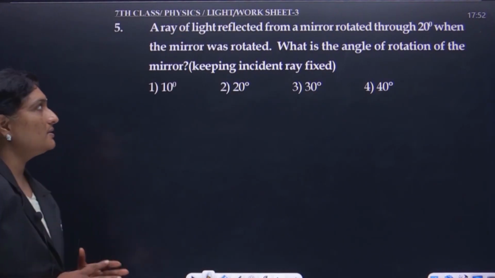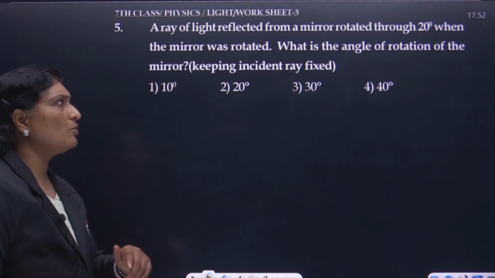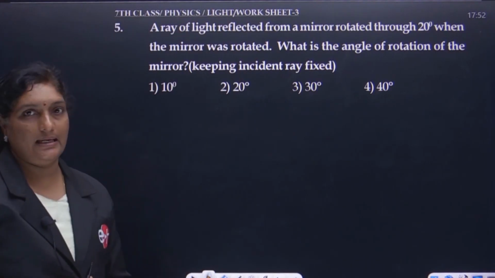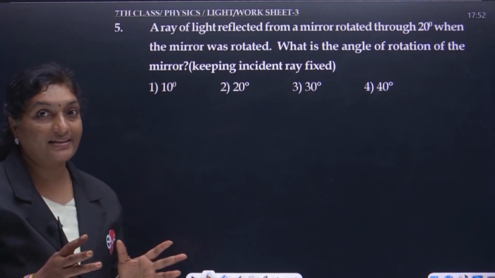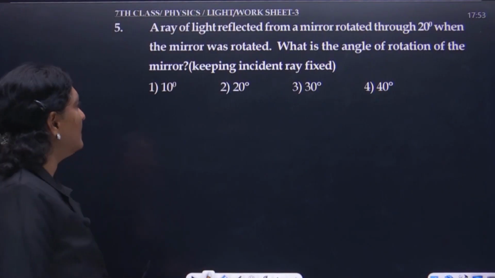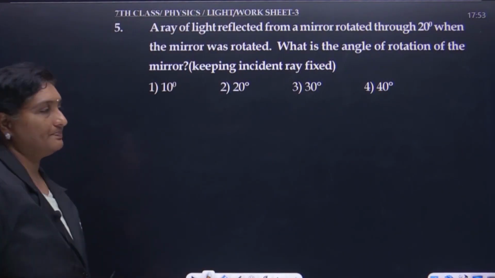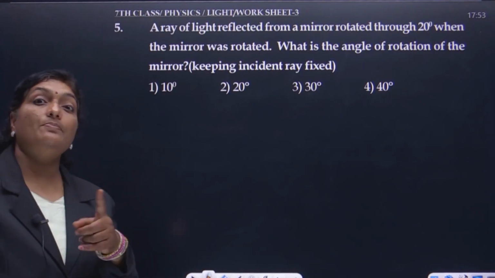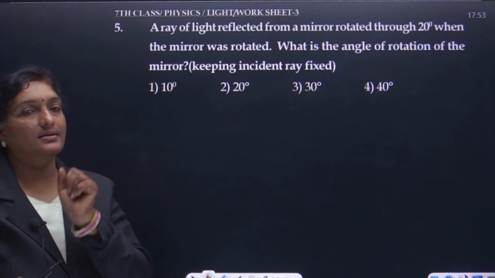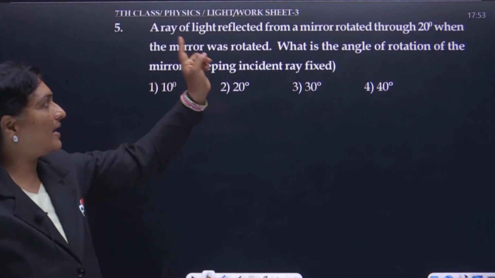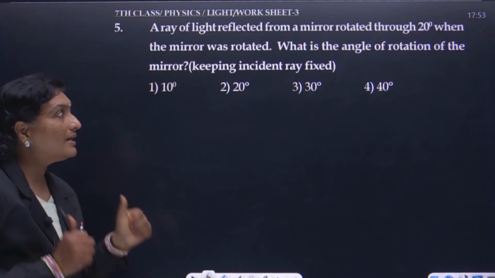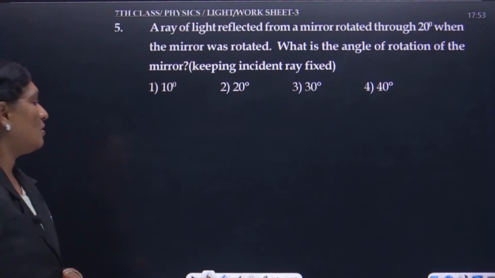A ray of light reflected from a mirror is rotated through an angle of 20 degrees. The reflected light is rotated by an angle of 20 degrees when the mirror was rotated. The deviation produced in the reflected ray is 2 theta, given as 20 degrees. What is the angle of rotation of the mirror?